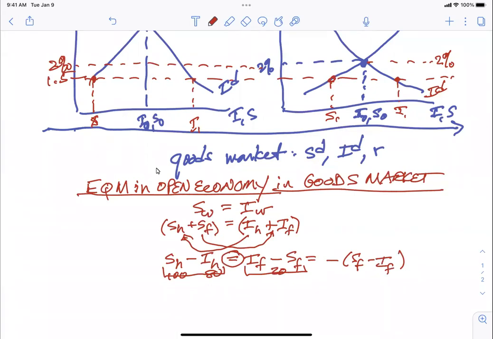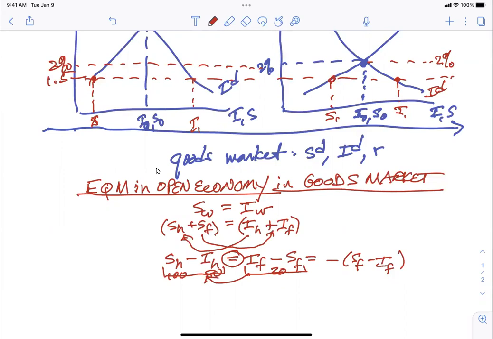There's excess demand for borrowing for new capital in the foreign country. They don't have enough saving to finance all the investment that firms want to do in new capital. New business, new factories, new machines, etc. Where do they get it from? They get it from the other country.